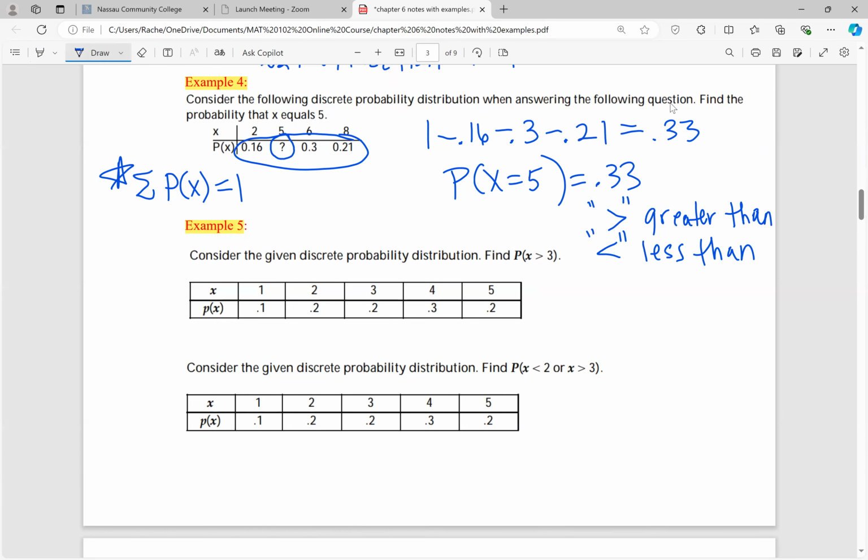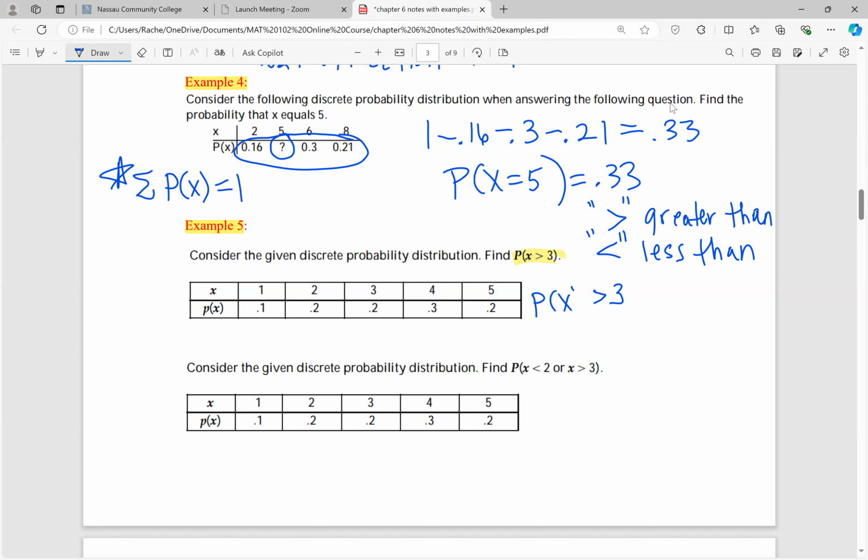So we want to find the probability that x is greater than 3. So x is equal to either 1, 2, 3, 4, or 5. But we want to know what's the probability that x is greater than 3.